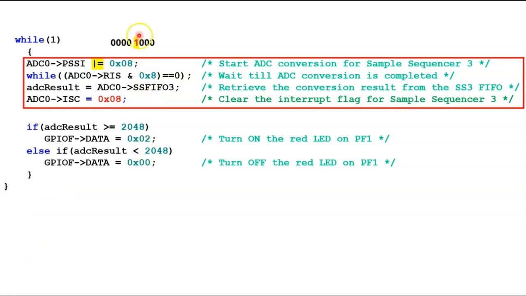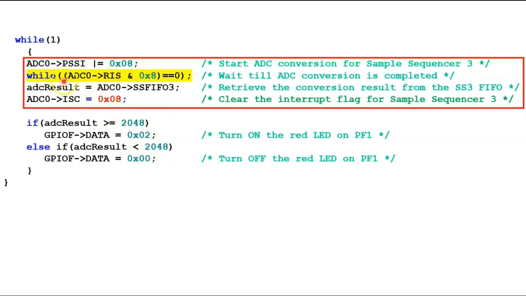Basically, this will set bit 3 highlighted here, and triggers the sample sequencer 3, SS3, to start a new conversion. Now, ADC conversions are not continuous by default. Each conversion must be explicitly triggered, and SS3 is the selected sequencer for conversion in this program.